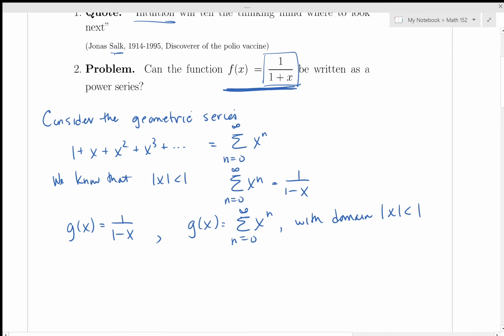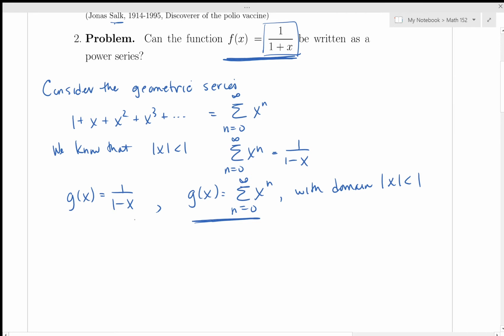So if we're going to represent g of x in this manner, we can only use that when this power series converges. It doesn't make sense to use it when it doesn't converge. These two things will be equivalent under this condition.